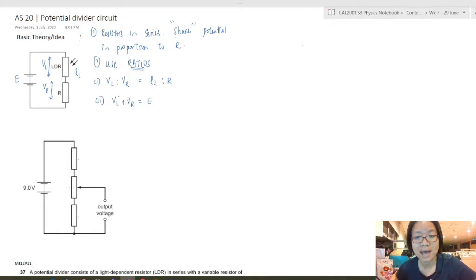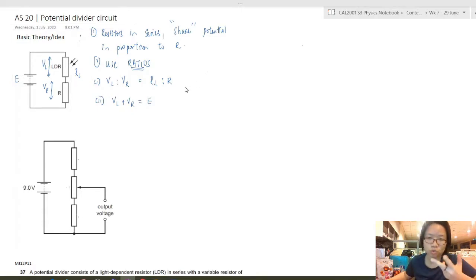Ratio is your best friend all the time. So when you use ratio, the ratio of VL to VR is the same as the ratio of RL to R. This means the potential across the LDR is in proportion to the resistance.